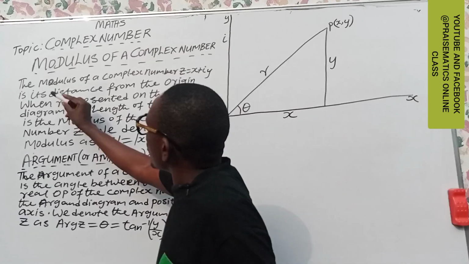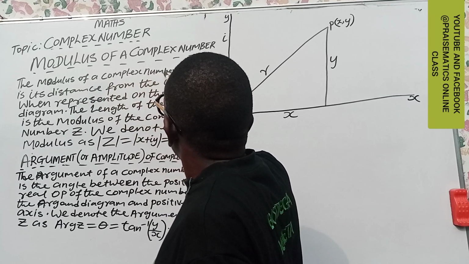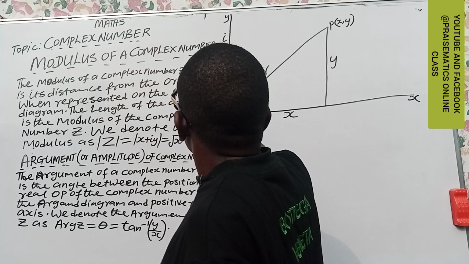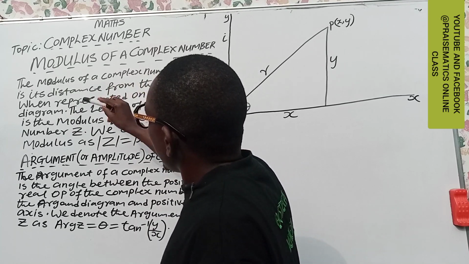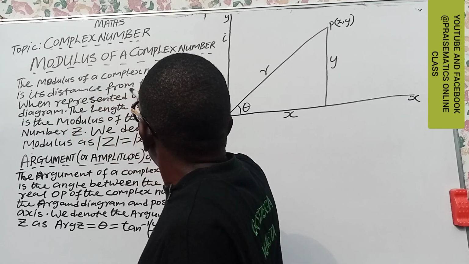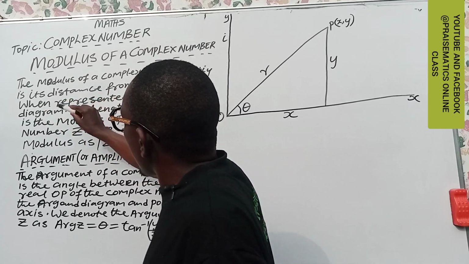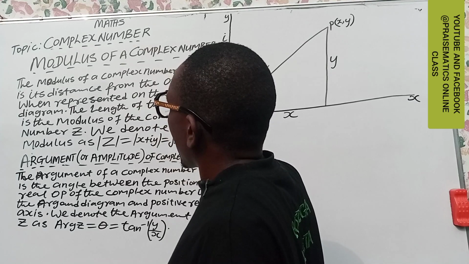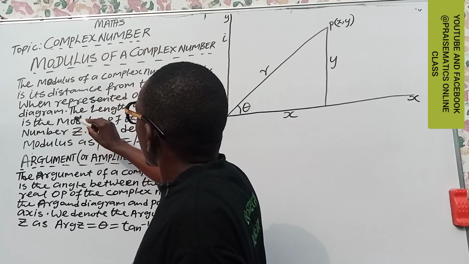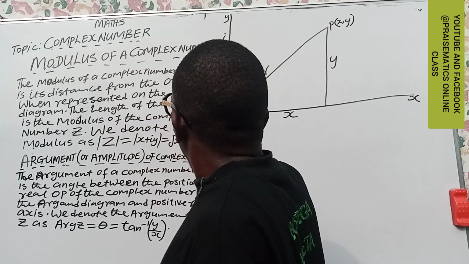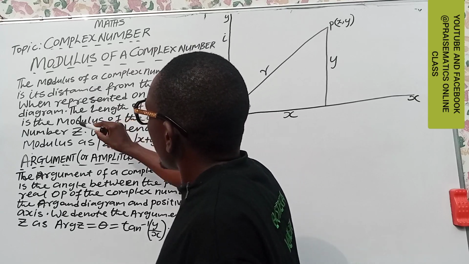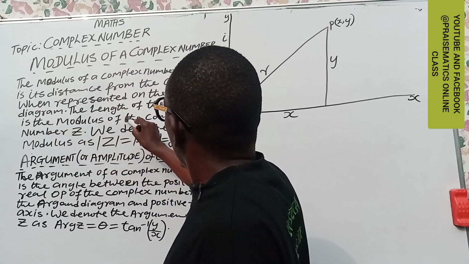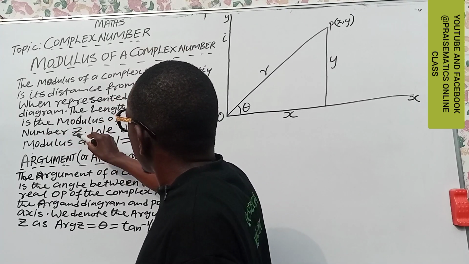The modulus of complex number z equals x plus iy is its distance from the origin when represented on the Argand diagram. The length of the arm OP is the modulus of the complex number z.